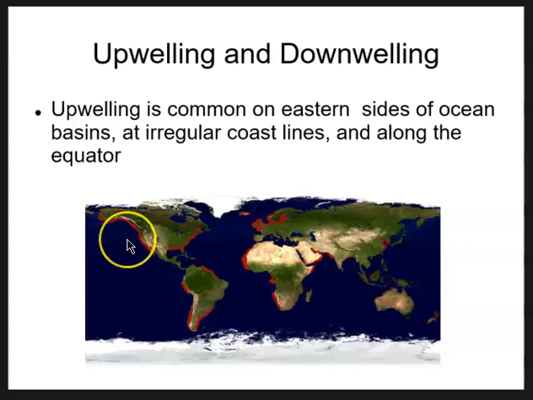Now, why is it so common on the eastern sides of ocean basins? The eastern side of the ocean basin would be like the west coast of a continent, right? You have to think back to the direction of the prevailing currents, right? So the California current is right over here, and it's going from the north to the south.